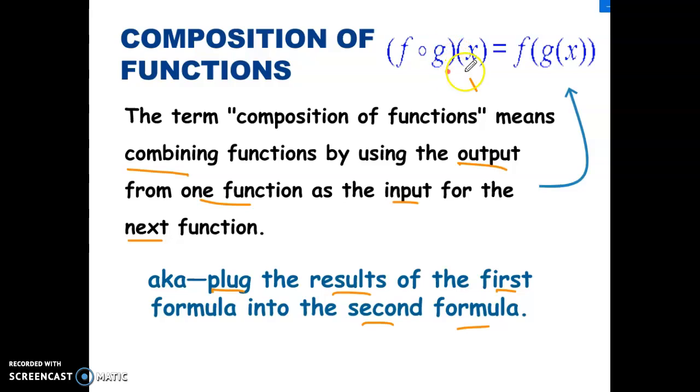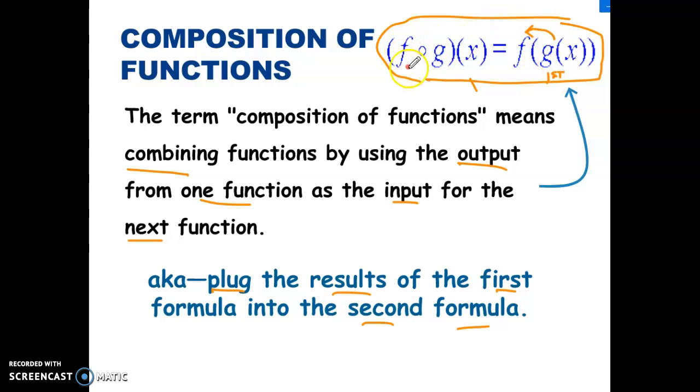Our notation, as you see up here, is the notation that we'll use. When I see this f of g, see that g is inside the parentheses? That means that's the first function. So g is my first function, and I get the result of the g function and plug it into the f function. So it kind of works backwards in this way.